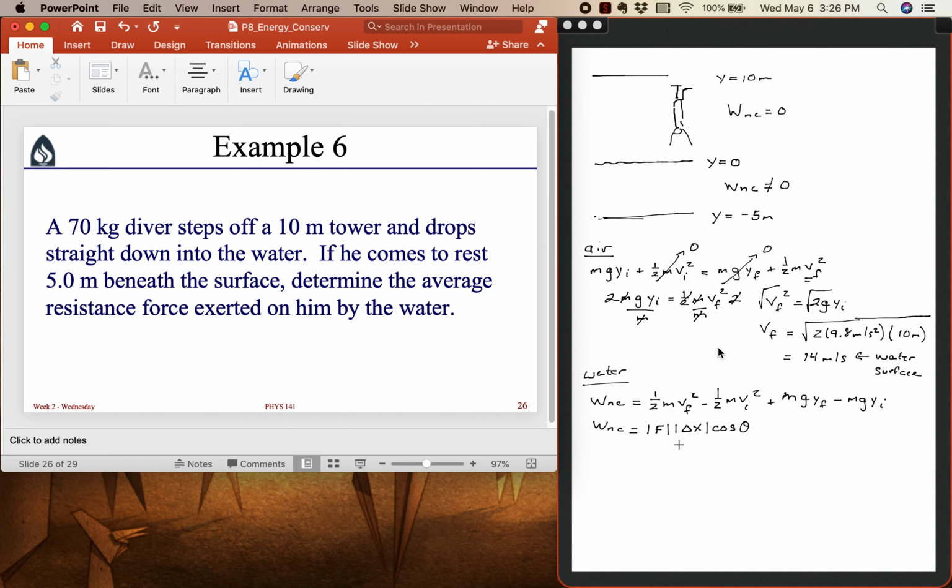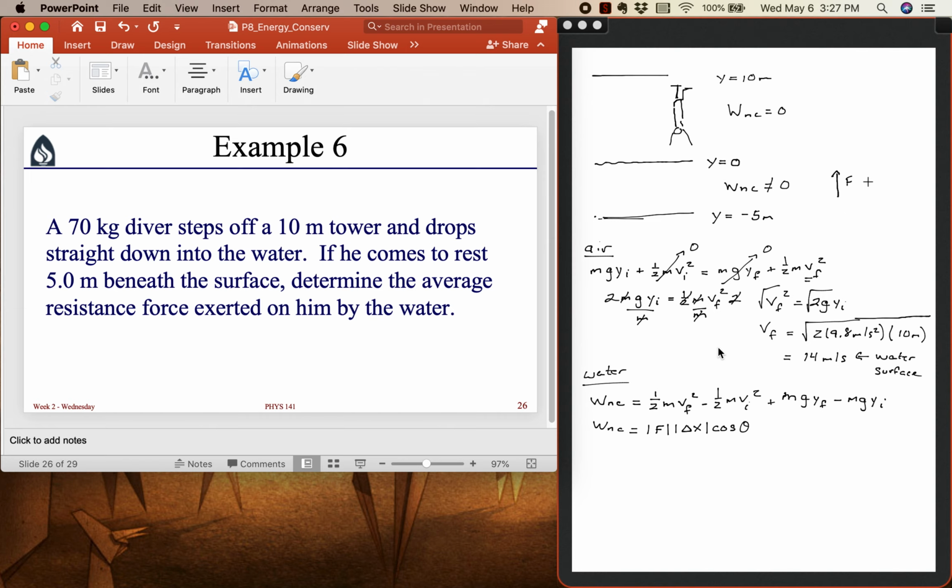Okay, so in this case, if I think about the diver when he's in the water, the resistance force pushing on the diver is slowing him down. So that must mean that this resistance force is in the upward direction, because the resistance force is taking away from his downward velocity, and it's causing him to slow and eventually come to rest.